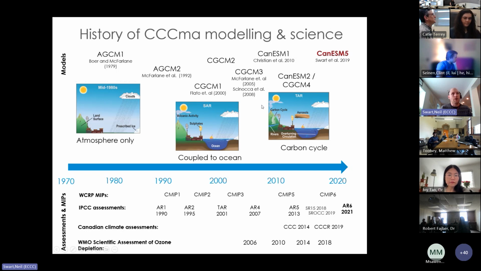Along with the model development, it has been applied prominently in the international community via the Coupled Model Intercomparison Project, feeding into IPCC assessment reports. It's been used in other things too, for example Canadian climate assessments and WMO scientific assessments of ozone depletion. So the model is very well known and vetted in the international community. Today we'll be focusing on CanESM 5 and the results contributed to the 6th assessment report of the IPCC.